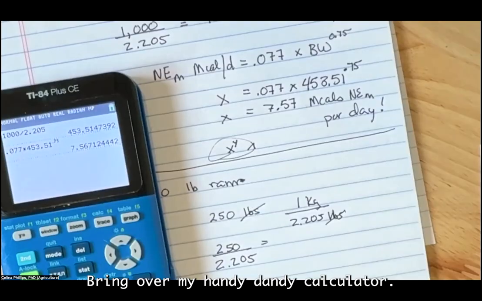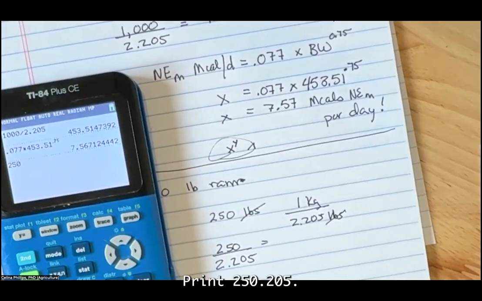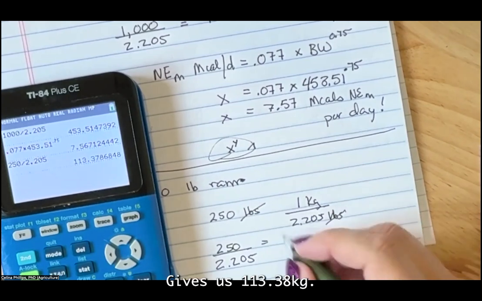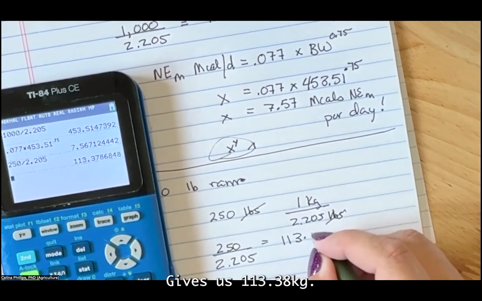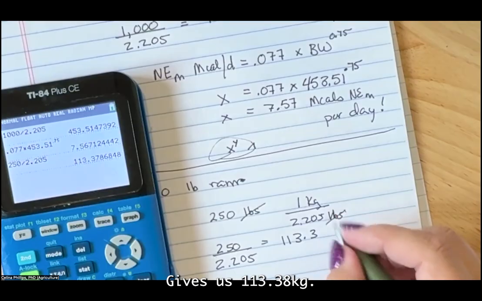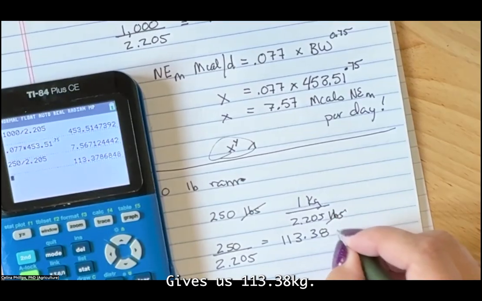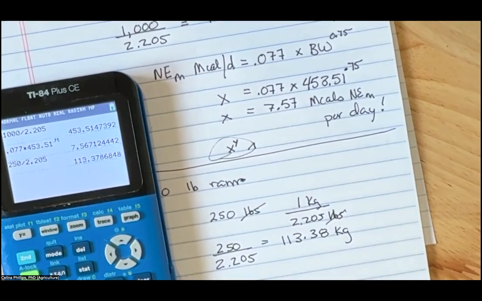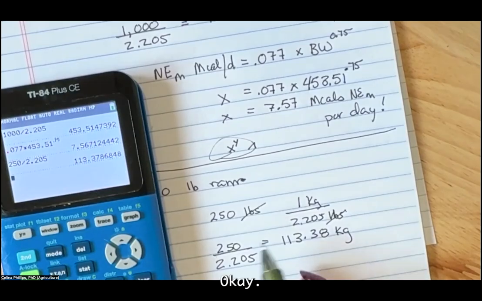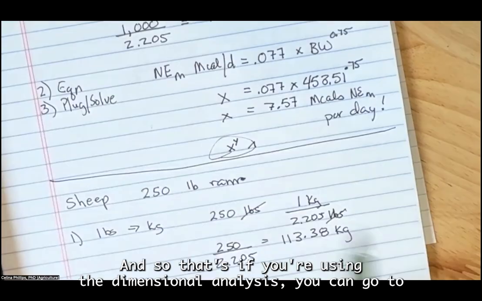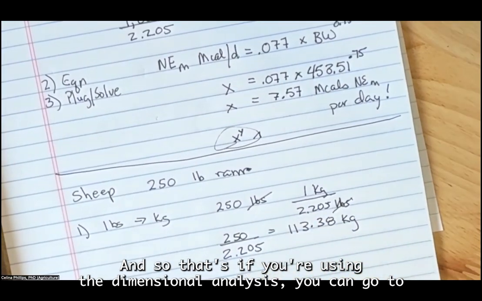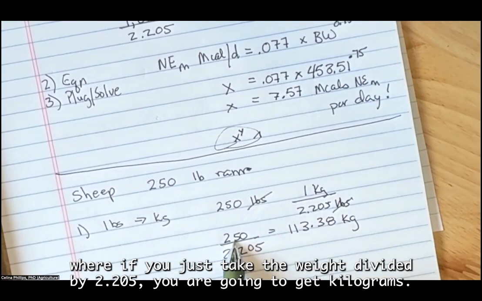Bring over my handy dandy calculator friend. 250 divided by 2.205 gives us 113.38 kilograms. Okay, and that's if you're using the dimensional analysis. You can go to where if you just take the weight divided by 2.205, you are going to get kilograms.